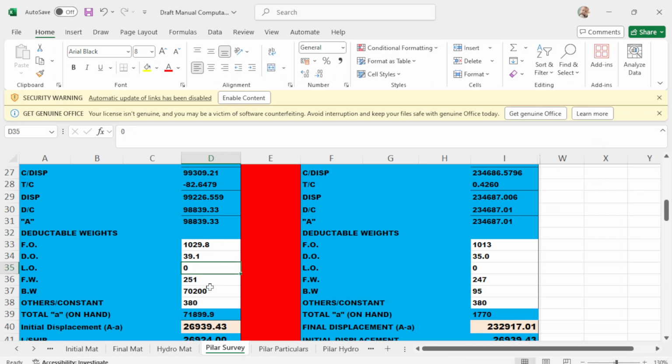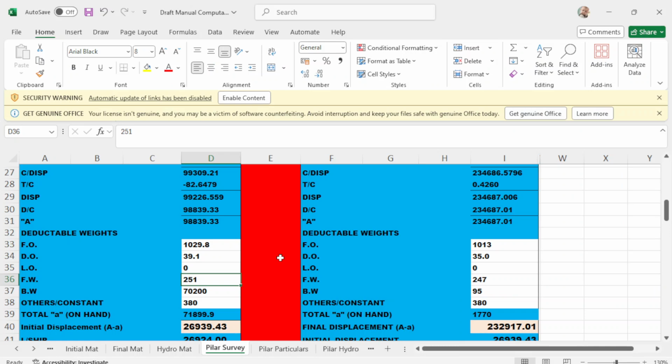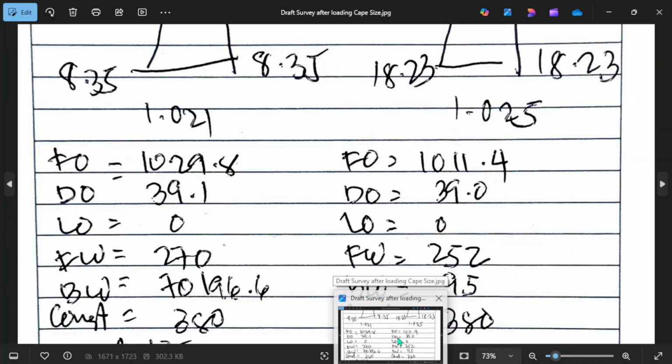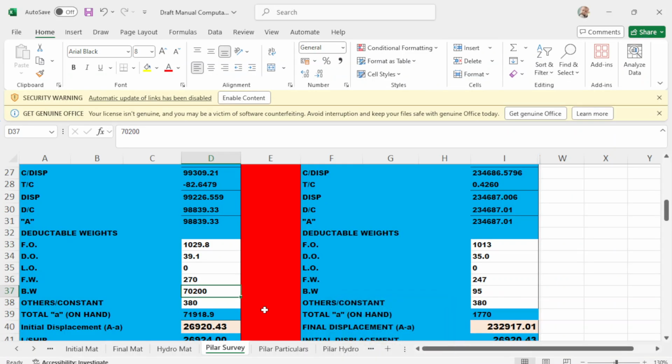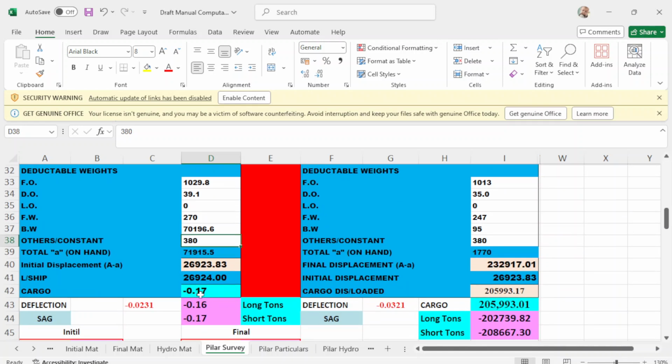LO and your fresh water is how much? 270. And your ballast water is 7019.6. Okay. You have your constant of 380 and your cargo will be negative 0.17. Okay. Negative 0.17.